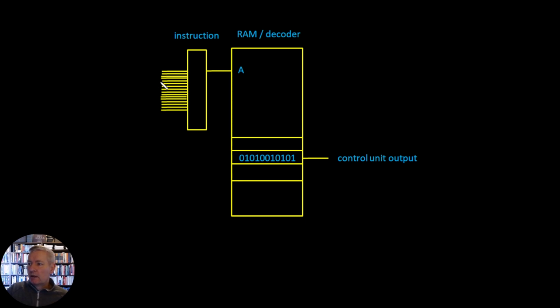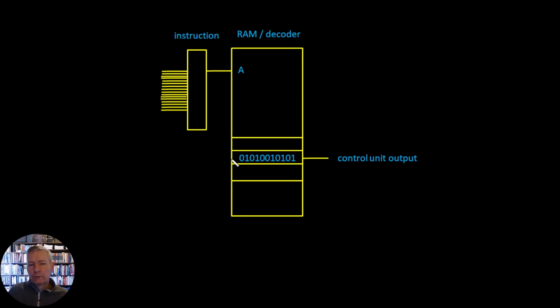Ultimately it's just a load of zeros and ones that comes out of a box called a control unit. So let's say, for instance, we replaced the control unit with a simple RAM. Then, say, an instruction comes in, and let's say it was the AND instruction, which we know from our little CPU is given by CF. If we connected that to a RAM, then CF would simply point to location CF in the RAM.